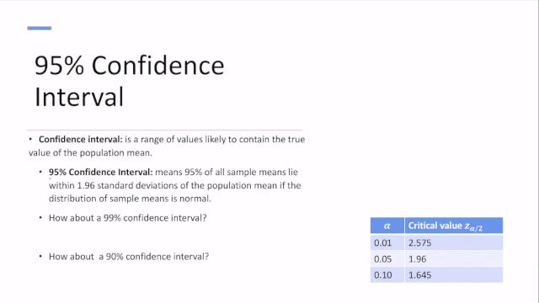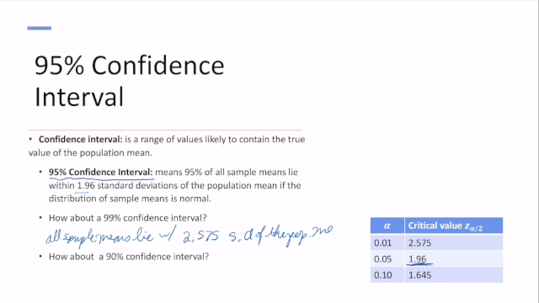confidence level. So if I'm constructing a 95% confidence interval, that means that 95% of the sample means lie within 1.96 standard deviations of the population mean if the distribution of sample means is normal. For a 99% confidence interval, all sample means lie within 2.575 standard deviations of the population mean.